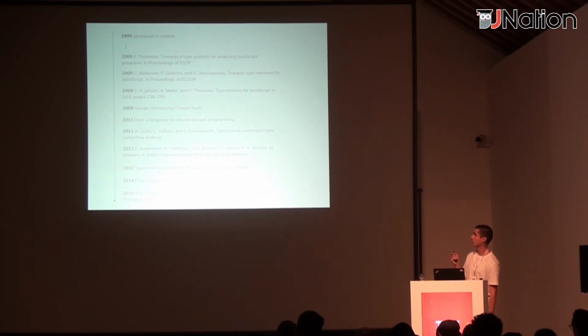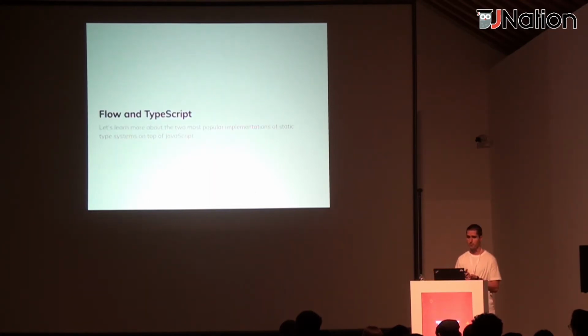Google introduced Google Closure Compiler in 2009, which was the first industrial level type checker for JavaScript. And then TypeScript came out in 2012 and Flow in 2014. But the first releases of these two tools were only a shadow of what they are now, because they've evolved a lot since then, and actually there's still a lot of work to be done on both of them.